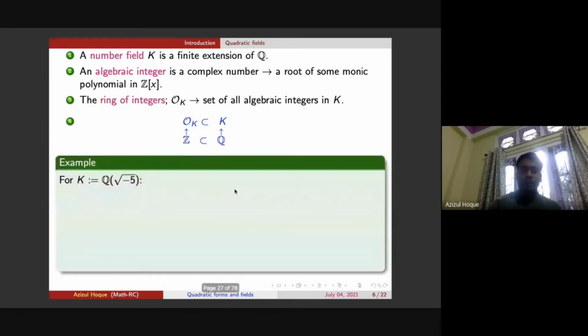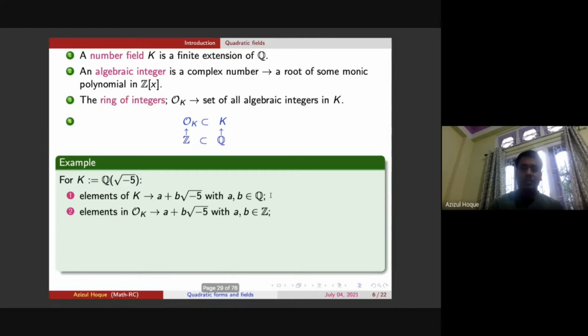For example, if we consider K equal to this imaginary quadratic field, imaginary because this is minus, so minus 5 is there. Okay, so what are the types of the elements here? A plus B root over minus 5, with A and B rational numbers, and for the integers, we take the coefficients from the integers.